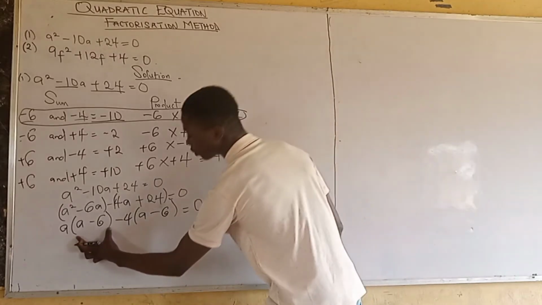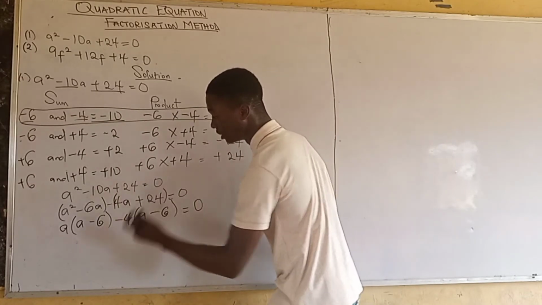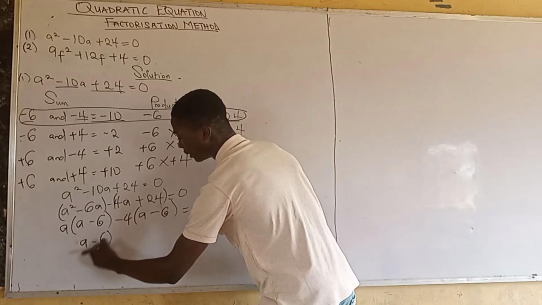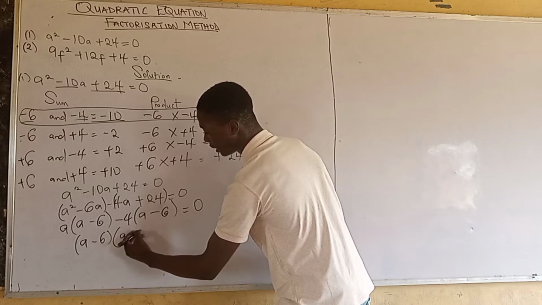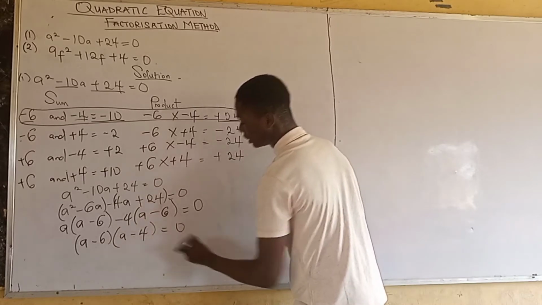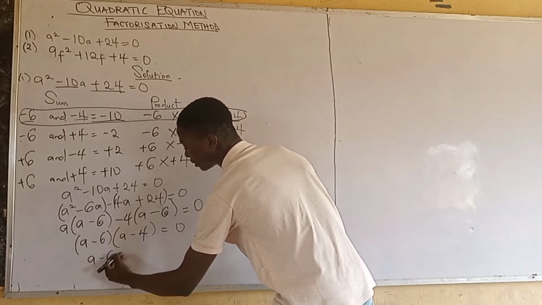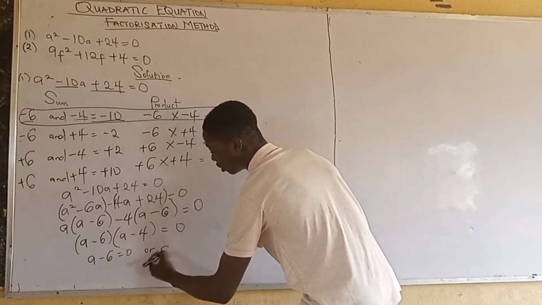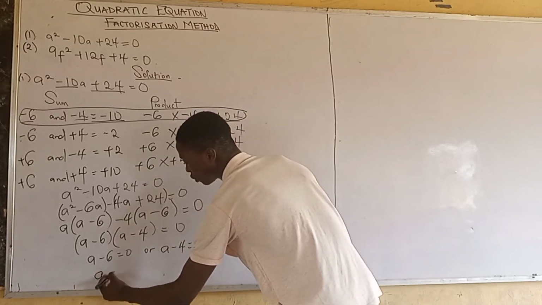Note that this bracket here and this bracket here must be the same, so you pick them as one. What's remaining is a minus 4. So we have a minus 6 times a minus 4 equal to 0. Now you split them: a minus 6 equal to 0, or a minus 4 equal to 0.